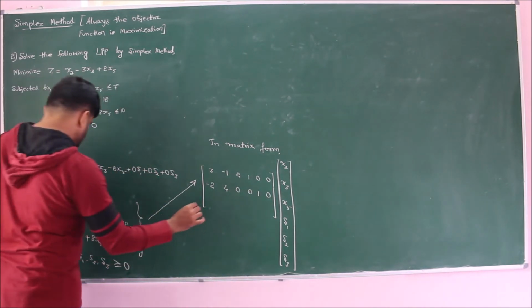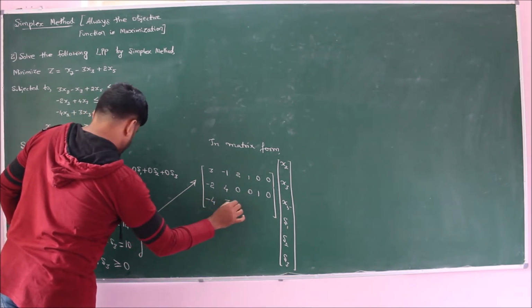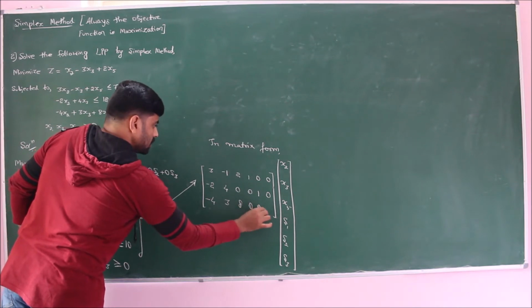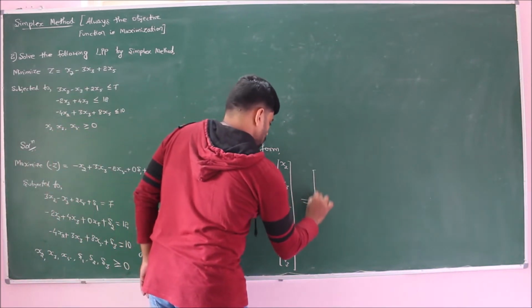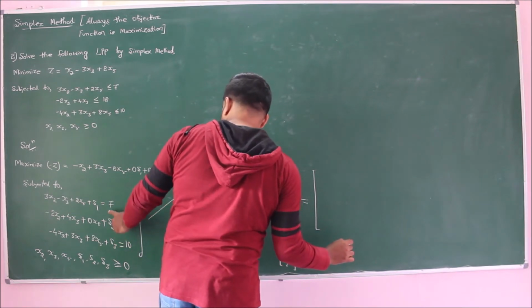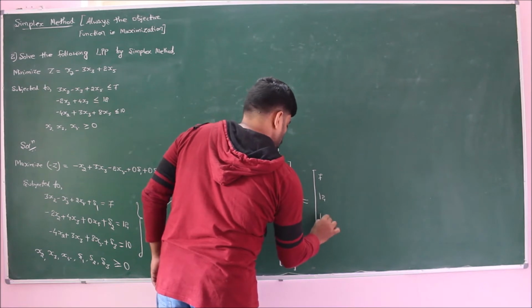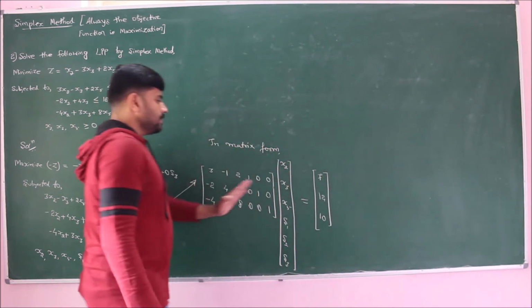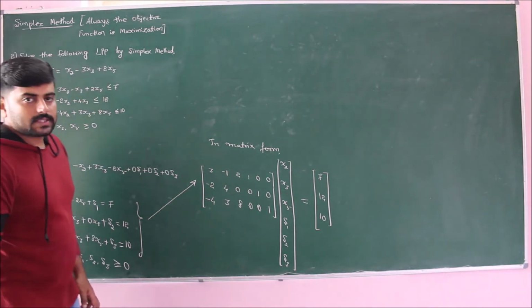For the last linear equation, -4, 3, 8, 0, 0, 1. This is equal to the RHS of the linear equations, 7, 12, 10. So this completes the matrix representation of the obtained set of linear equations.